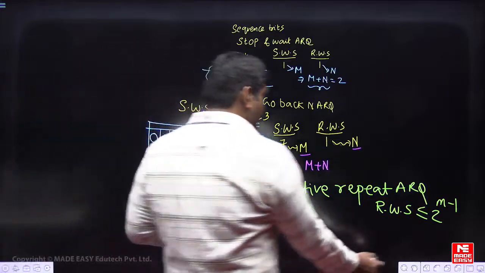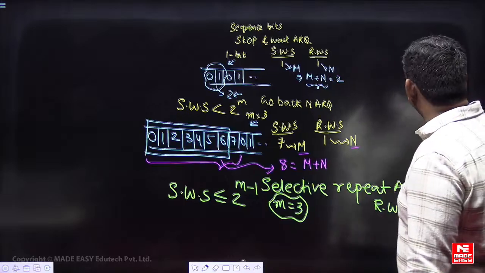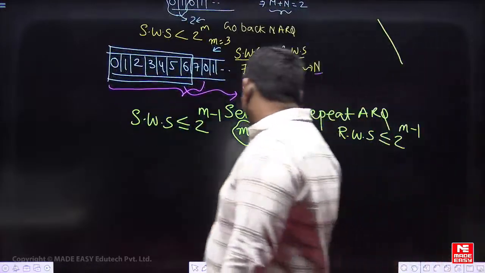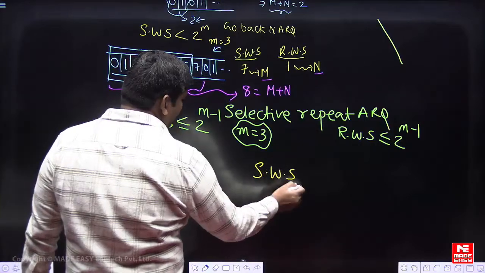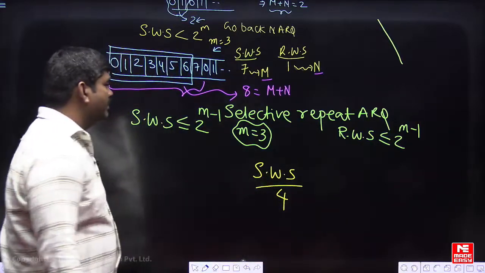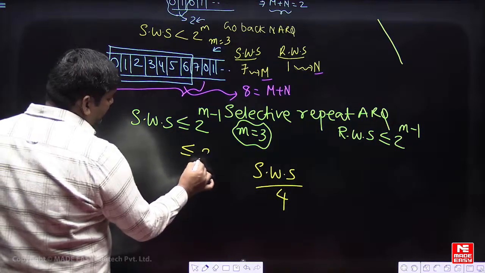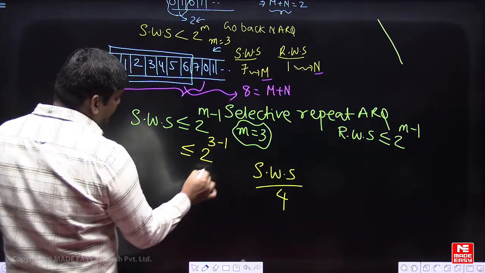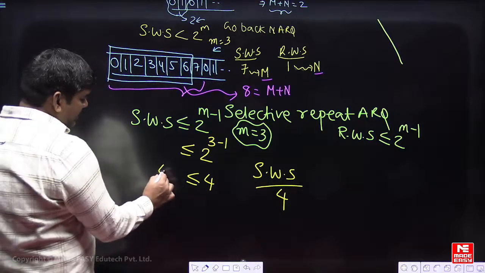So when I take m as 3, just like in Go-Back-N ARQ, in the case of Selective Repeat ARQ the sender window size will be how much? If you substitute in this expression, less than or equal to 2 power 3 minus 1, you get 4. So maximum I can take it as 4.